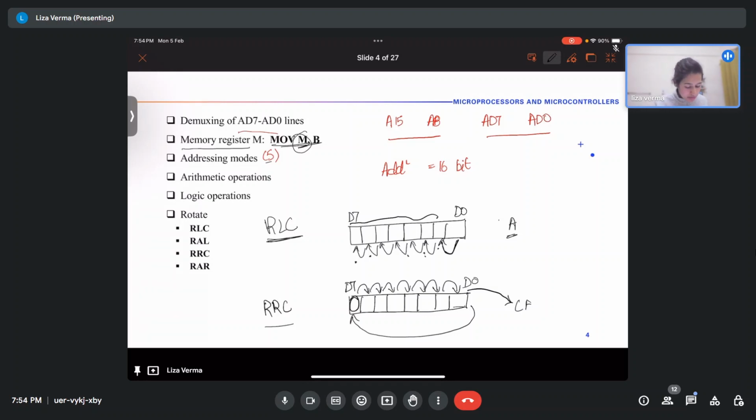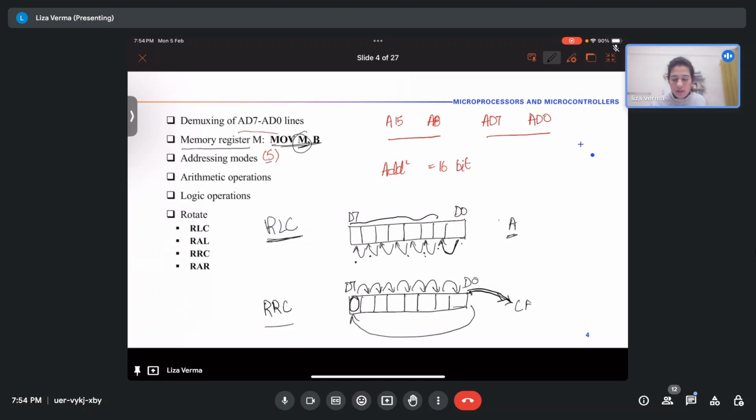So D7 required some bit, and D0 didn't know where to send it, so D0 was told to send its data to the carry flag as well as D7. Here, the opposite is happening.